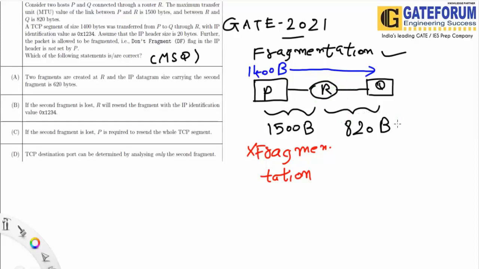Why? Because the maximum size allowed from R to Q is 820 bytes, and 1400 bytes is greater than this. So yes, we will require fragmentation here.